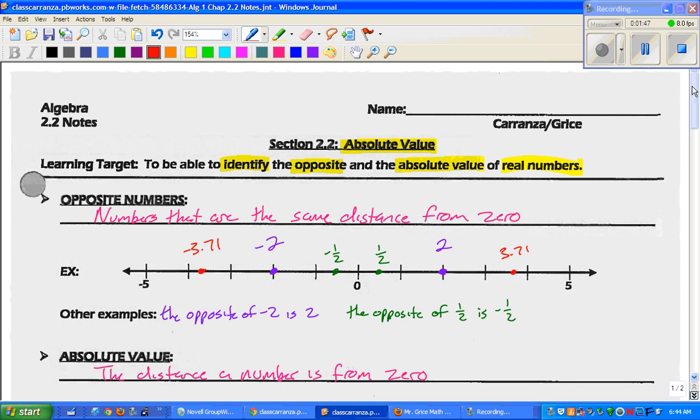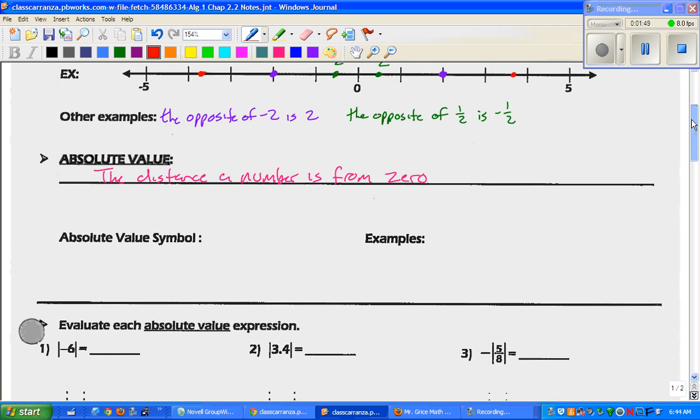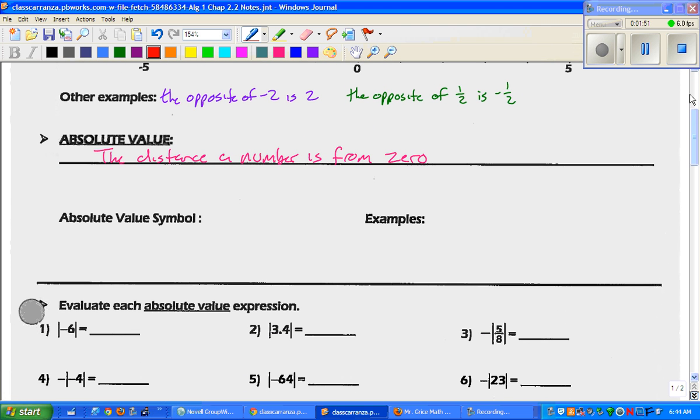Okay, now let's move on to absolute value. Absolute value is the distance a number is from zero. Now, when you see the absolute value symbol, it's going to look just like that. Okay? It looks like 2 breadsticks. So, absolute value, the distance a number is from zero, the distance that 5 is, well, it's 5 spots.